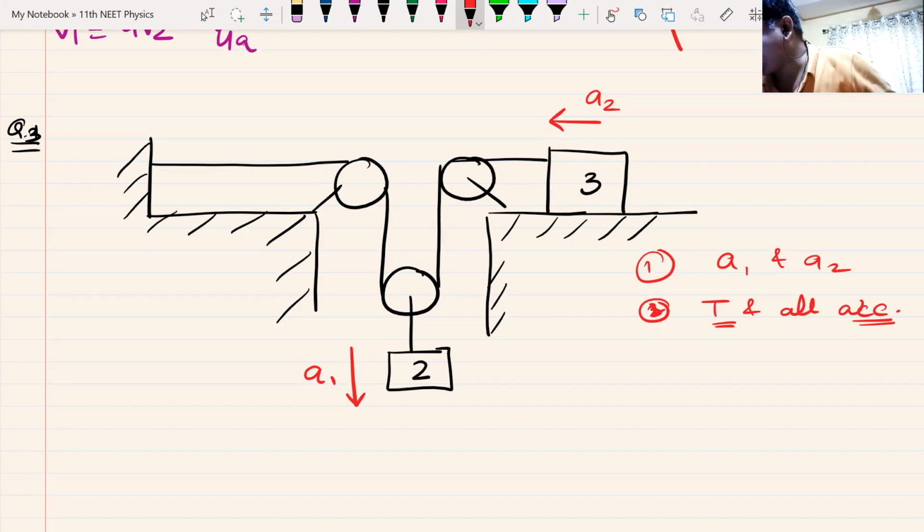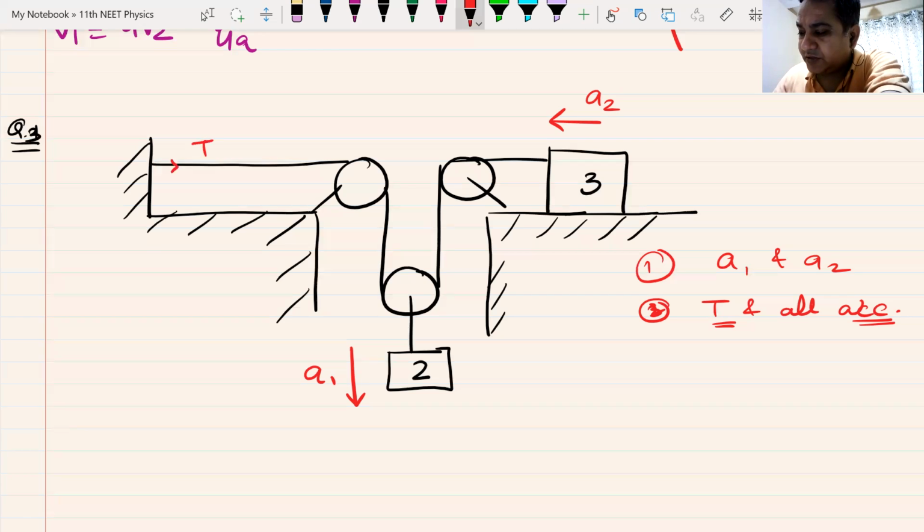Okay, I'll do it. Step number 1, draw a sketch. Sketch is there. Step number 2, isolate the bodies. Bodies are isolated. Step number 3, draw the free body diagram. I am drawing the tension.